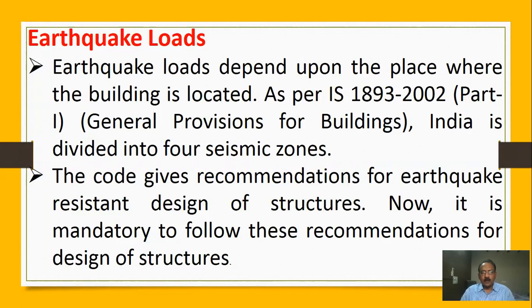What is the code book for earthquake loads? We use IS 1893 (2002) Part 1, General Provisions for Buildings. First we studied the RCC book IS 456. For loads, IS 875. Similarly, for earthquake loads, IS 1893. Remember this, it is very important.